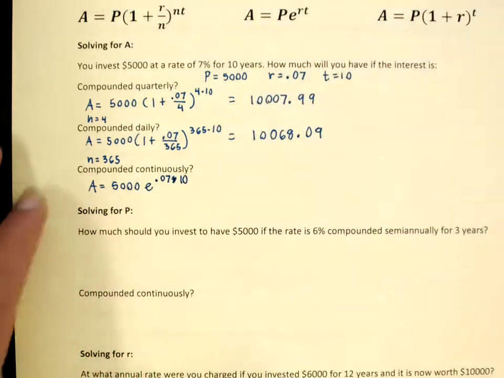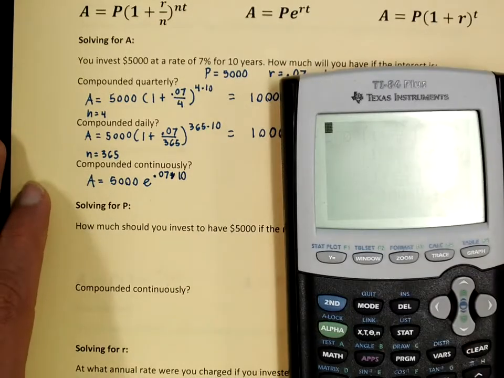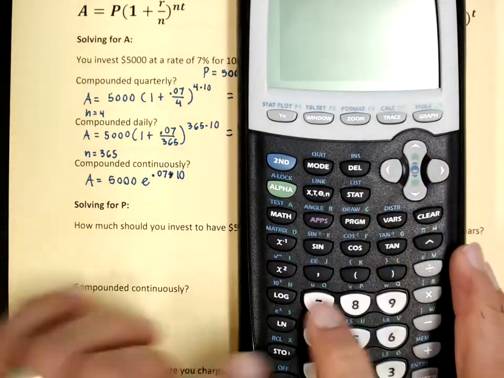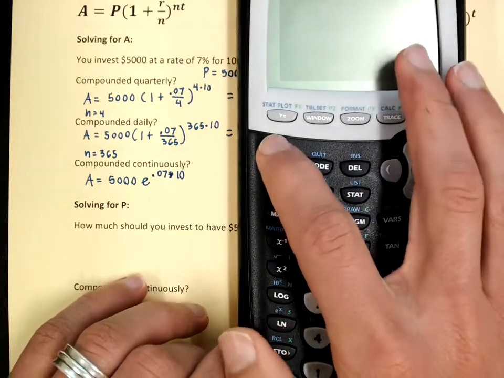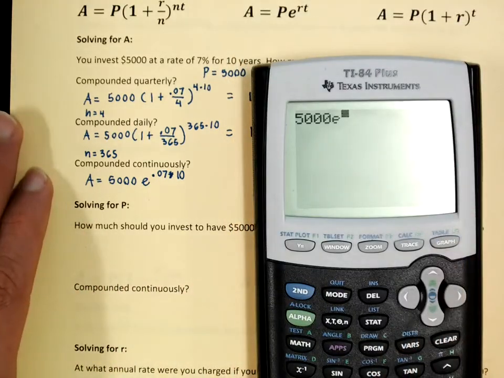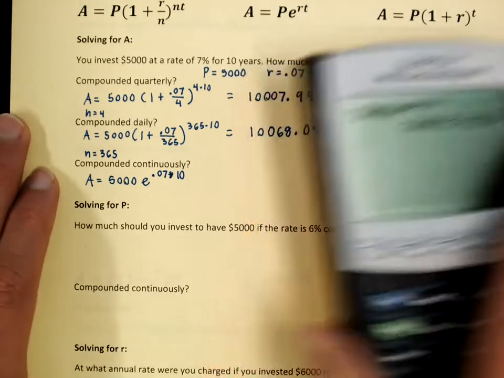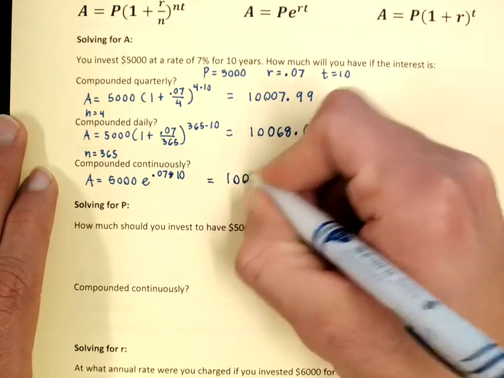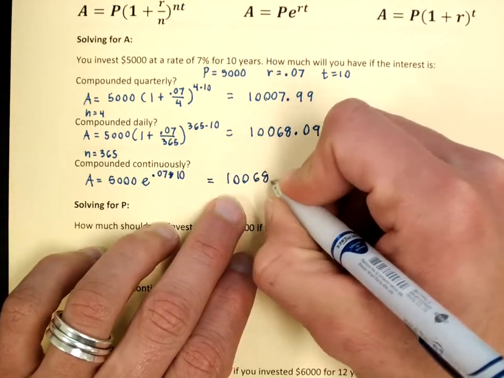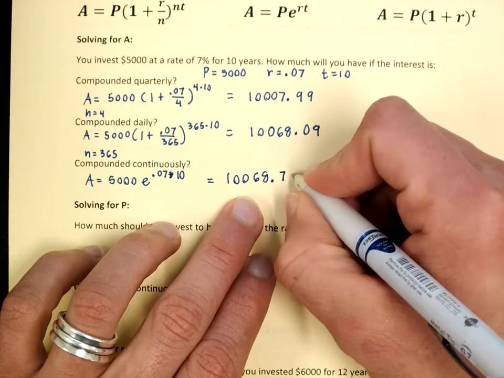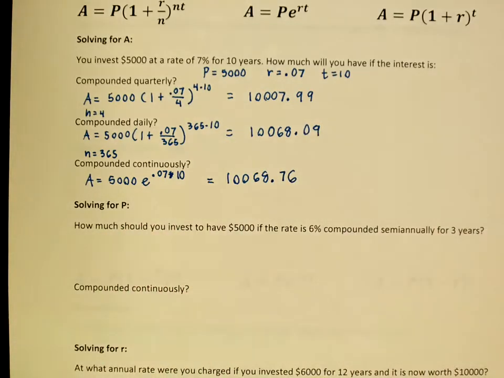I'm going to show you one more time where the key is. We have 5,000, type that in. The E key is right here on the natural log, so press second and then the LN button. There you have it, so that gives me that much. Notice that the difference between compounded daily and continuously is literally less than $1. We're talking about just cents in this case, so it didn't make that much of a difference.